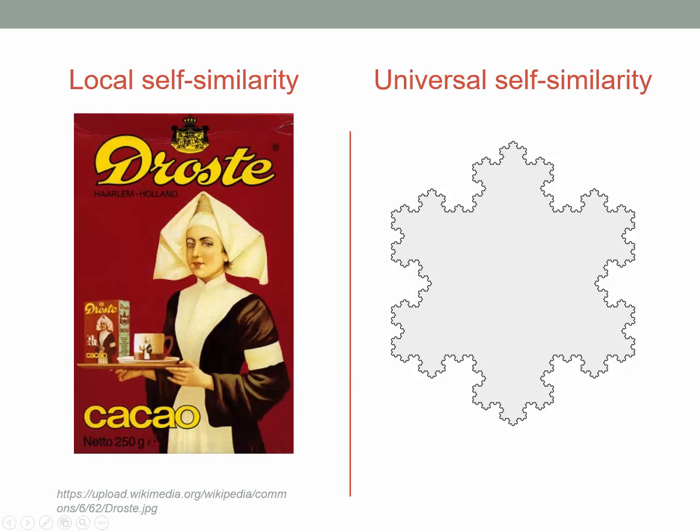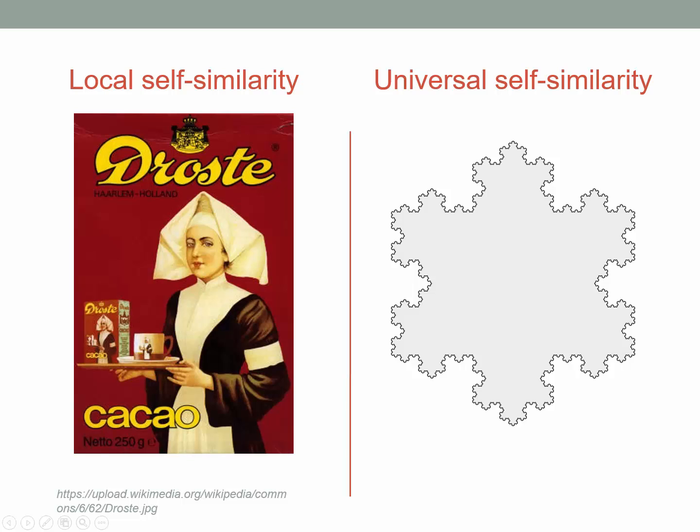And then, of course, there's a picture within the picture and a picture within the picture and so on, continuing for as far as we can imagine, or more realistically, till we reach the resolution of the ink that's being used. But when I say it's local self-similarity, there's only really one place we can point to where we see the self-similarity, namely the box of cocoa within the picture.